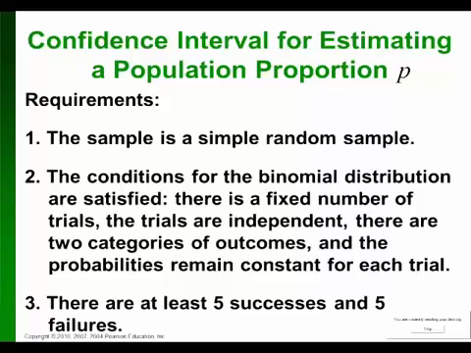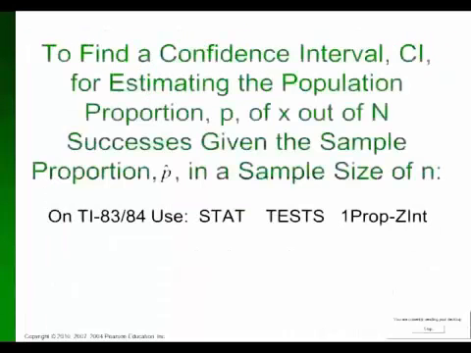If all of those requirements are met, then you can find a confidence interval on the TI 83 and 84 by pressing the stat button, the test button, and then 1-PropZInt. Now, if you keep saying 1-PropZInt and you don't know what that means, you're likely to forget when you're supposed to use that button on the calculator. So let me tell you what this stands for.